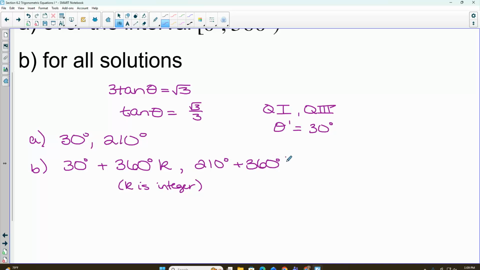So if I'm asking for all possible solutions, we're just adding that 360 degrees with a variable to show every multiple of 360 we're going to have a solution again. Is that one okay?